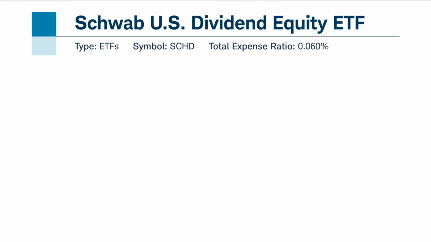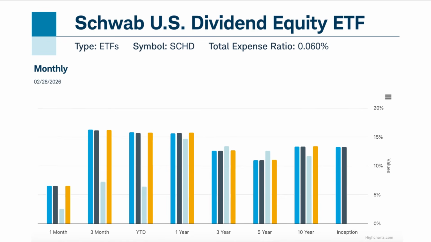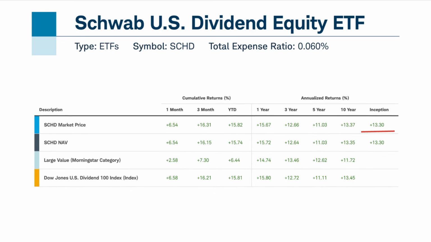And of course, because this is a dividend ETF, the income matters. SCHD currently has a dividend yield of around 3.5%, which is comfortably higher than the broader US market. But what really attracts investors is the combination of income and growth. Since launching in 2011, SCHD has delivered an annualized return of roughly 13.3%.